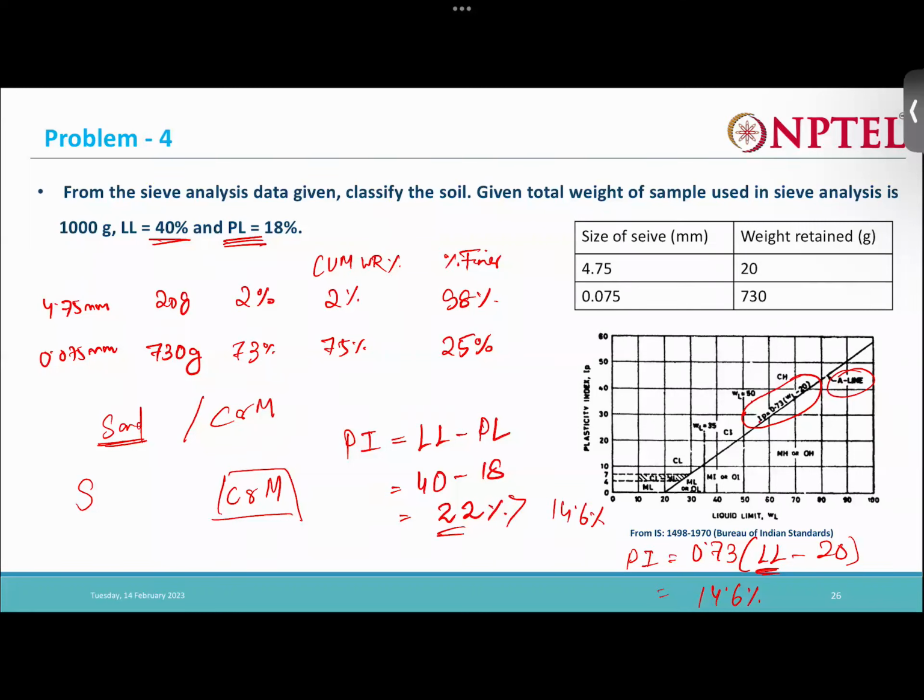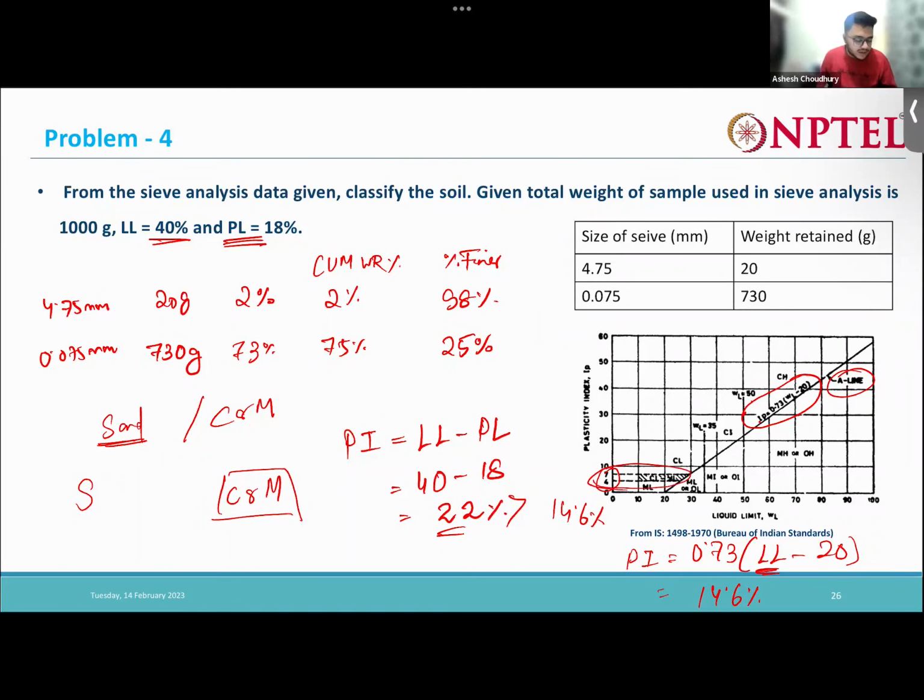So it is above the line. Again, check that our plasticity index is greater than 7, so this region is not coming. It's above the A line and also not falling in this region.